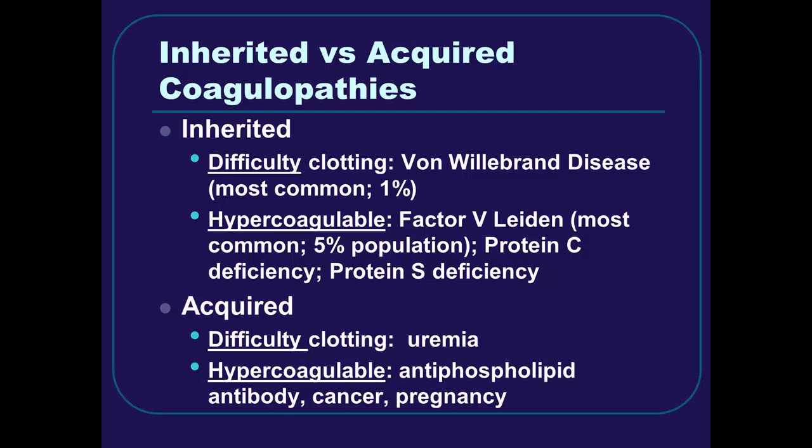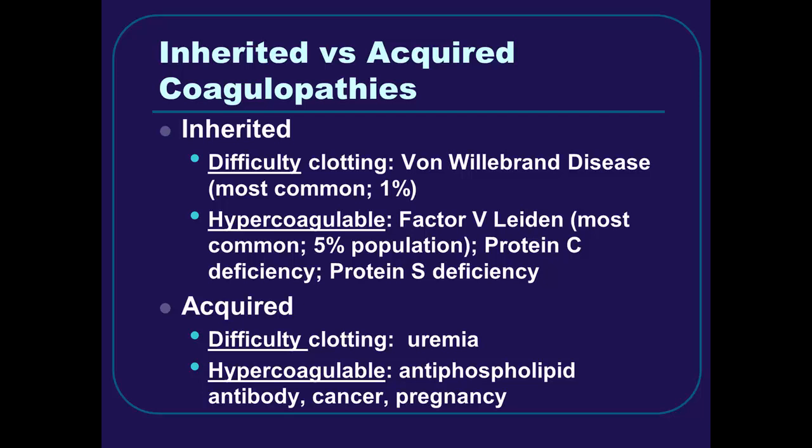When we think about acquired coagulopathies, once again, this can be either a hypocoagulopathy, which means difficulty in clotting, or it may be a hypercoagulopathy. So when we think about acquired difficulties in clotting, it shouldn't surprise you that I'm going to give you one of the more common ones, and that is uremia.